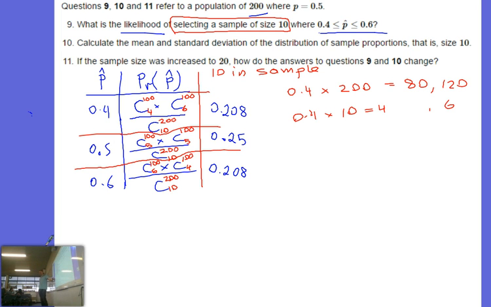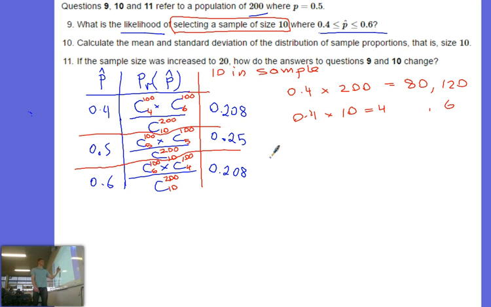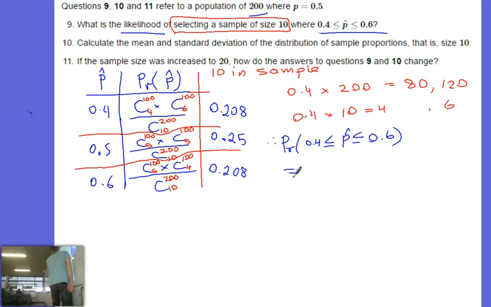Very good. Okay. All right. So then we add them to get the probability of the whole interval. So the probability that the sample proportion is in between this interval, that's what we're after.